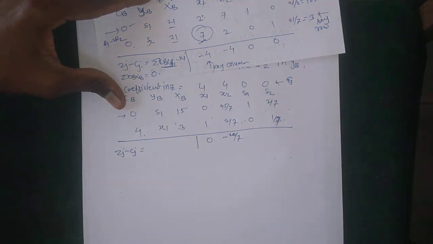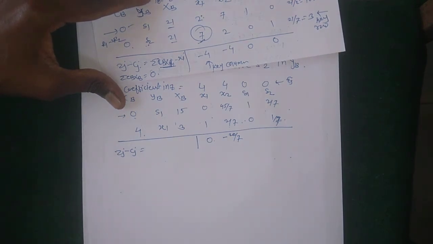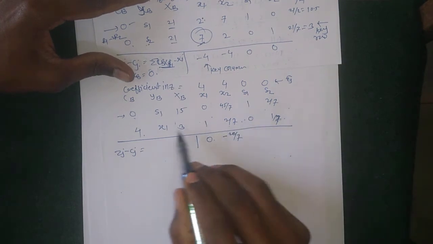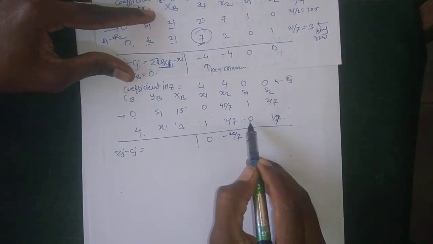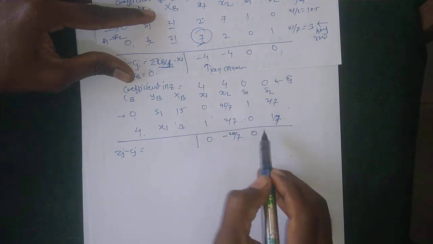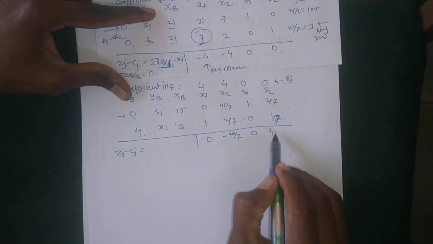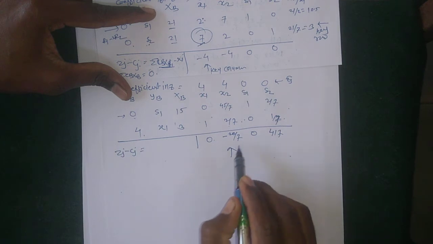Okay, this is minus 20 by 7. Then next is 0, because 0 into 1 plus 4 into 0 is 0, minus 0, 0. Then 4 by 7. So this is a most negative.